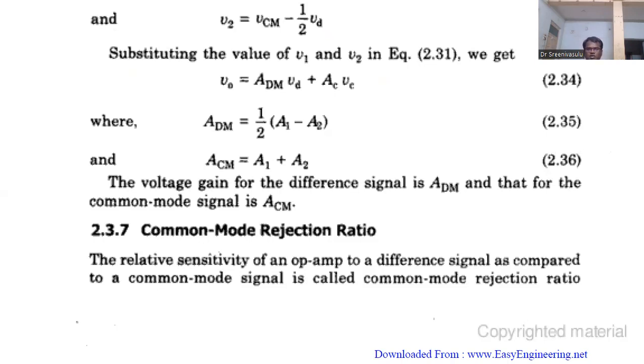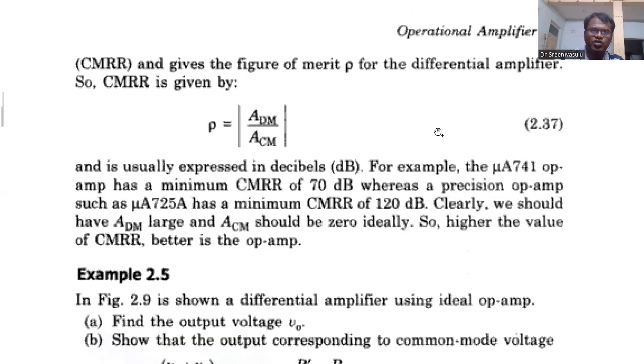Instead of remembering it like this, simply remember it as the ratio of difference mode gain to common mode gain. For an ideal op-amp it is infinity, because in an ideal op-amp the common mode gain is 0. Common mode gain is unwanted, and our desired case is common mode gain 0. So the common mode rejection ratio is going to be infinity.